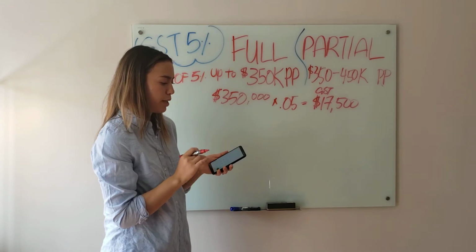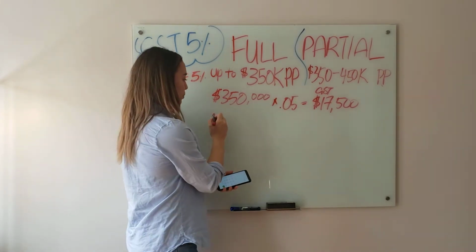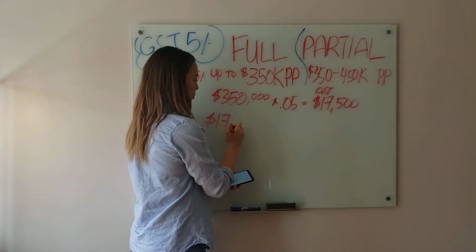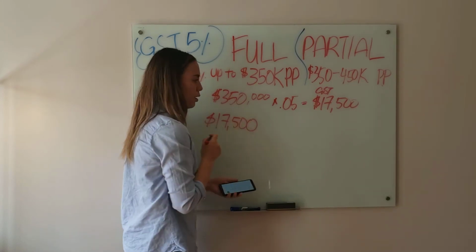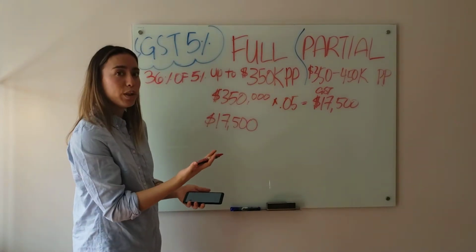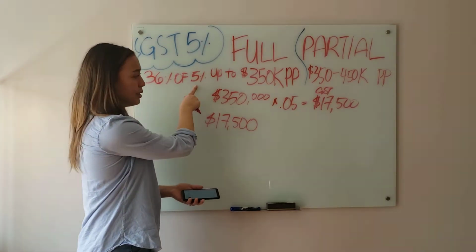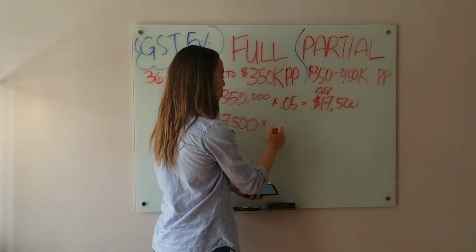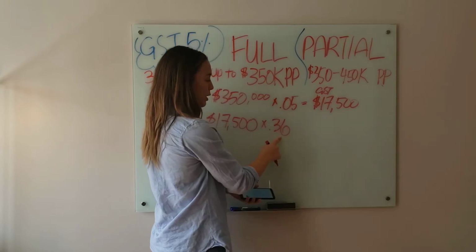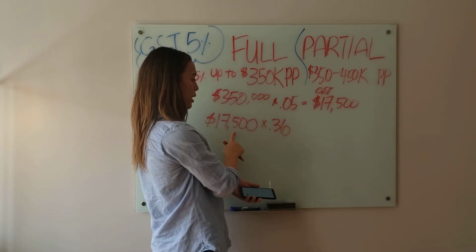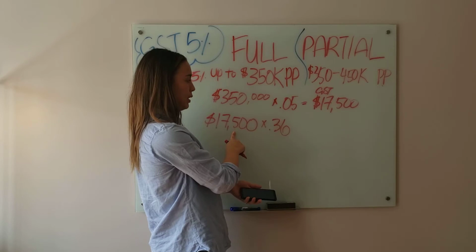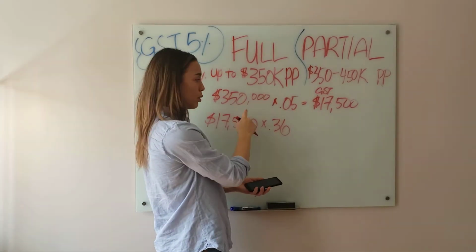Then you take that $17,500 and you want to figure out what the rebate is. So you take 36% of the 5% GST, so times it by 0.36, 36% of the full GST for a $350,000 purchase price.